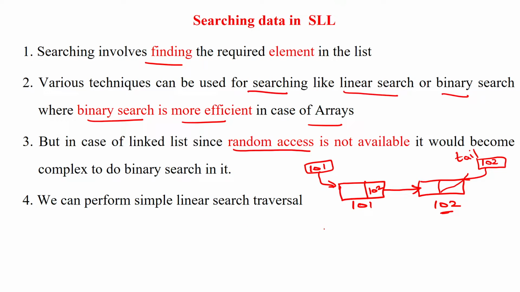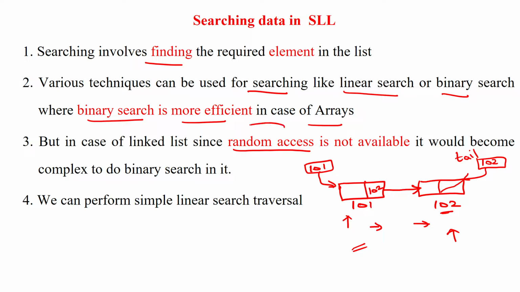So here we always have to access the first node of the linked list. Then only we can move step by step to the next node. We cannot directly access the other nodes except the first node.